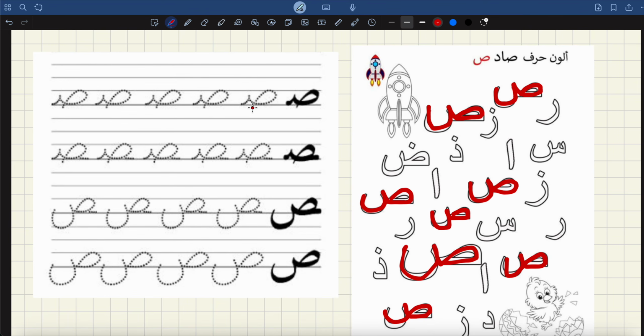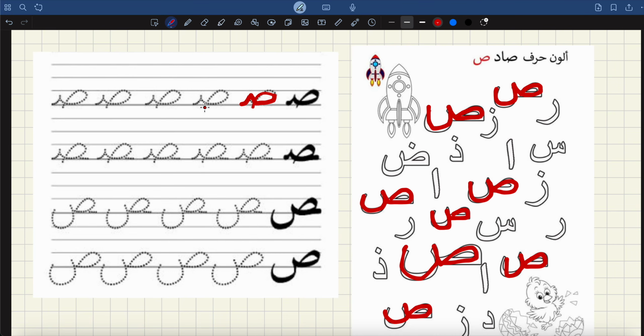We draw from this dot here an oval shape, then draw a line to the left on the writing line, add a small tooth here on the top, and after that to the bottom and left.